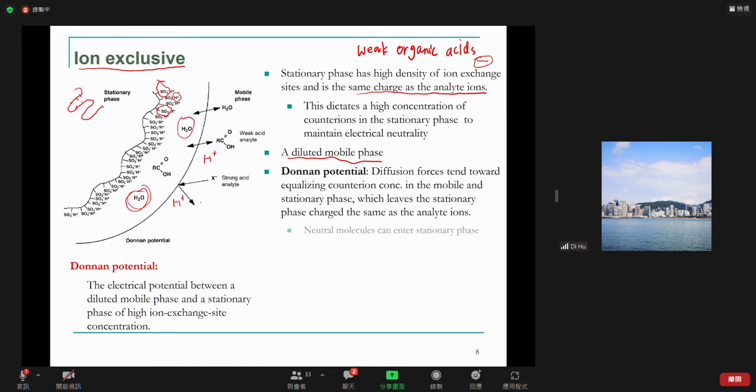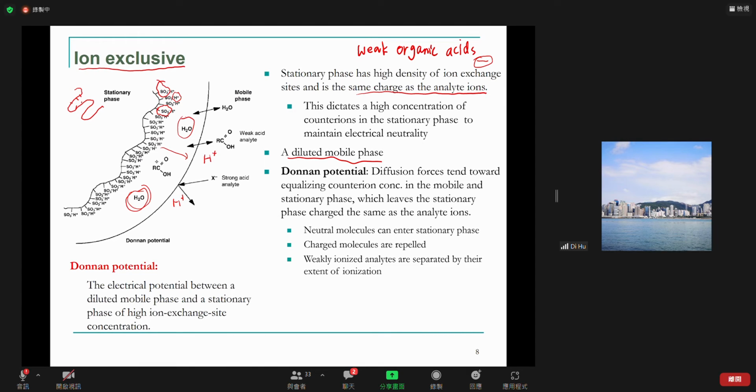And because of the high density hydronium ion in the stationary phase, they have this tendency to diffuse from this high concentration spot to the low concentration diluted mobile phase. So they're going to diffuse here. When the ions diffuse, they just leave the stationary phase, so it is not neutralized.